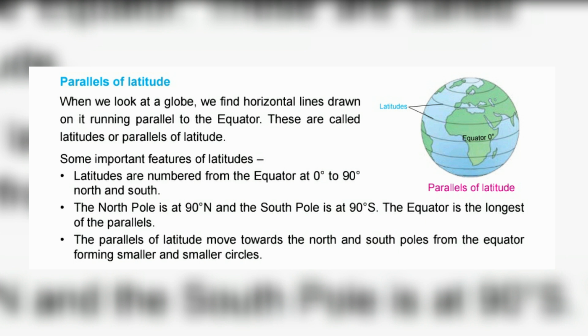The parallels of latitude move towards the north and south pole from the equator, forming smaller and smaller circles. Here, parallel to the equator, there are circles drawn on the globe. They become smaller circles when they reach the poles.